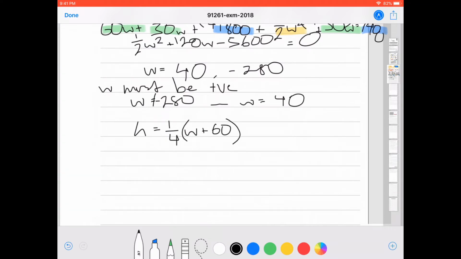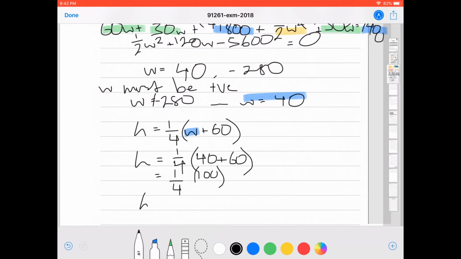And so we've got our value for W. Let's substitute it in. H equals a quarter times 40 plus 60. So this is going to be a quarter times 100. And that means our value for h, the height of the box, is 25 here.